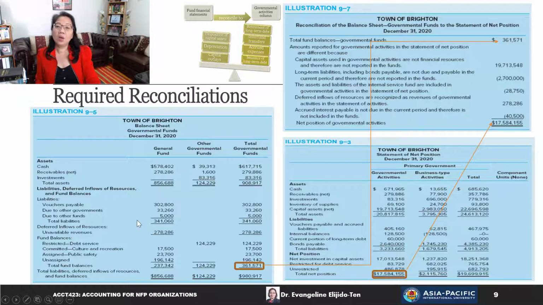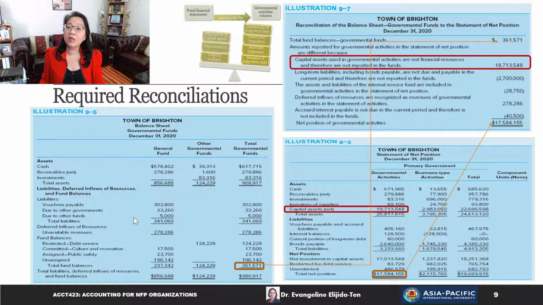All right. What are the reconciling items in this case? Some of the reconciling items can be seen in the statement, but others are not. So there will be additional information that has to be provided. I'll point out to you some of the items that you can spot from these balance sheets. All right. For example, in the capital assets net, as shown in the government-wide statement of net position, we have 19,713,548.